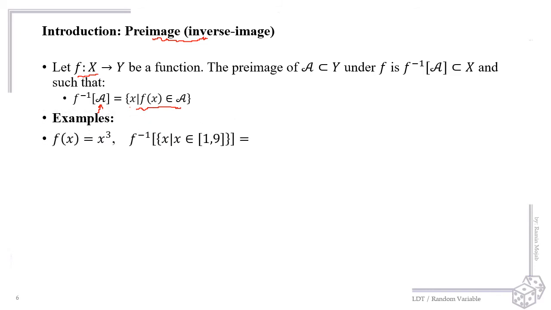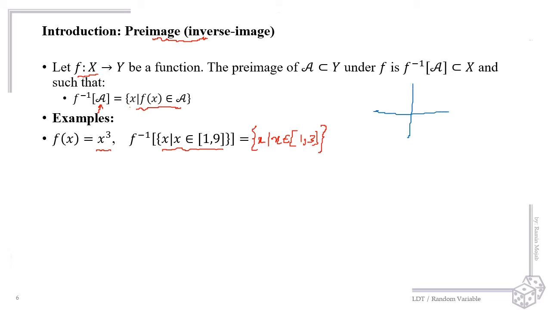For example, x cubed, and the preimage of this set, x such that x is in this interval under f, is x such that x is in 1 and 3. You can see this in a graph.